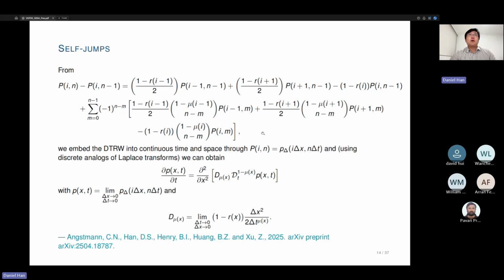From this equation, we can embed the discrete time random walk into continuous time by defining x as i delta x and t as n delta t, and then using discrete analogs of Laplace transforms called Z transforms, we can obtain the fractional diffusion equation of variable order that we had before, in the limit as delta x goes to 0 and delta t goes to 0, with a very well-defined diffusion coefficient.